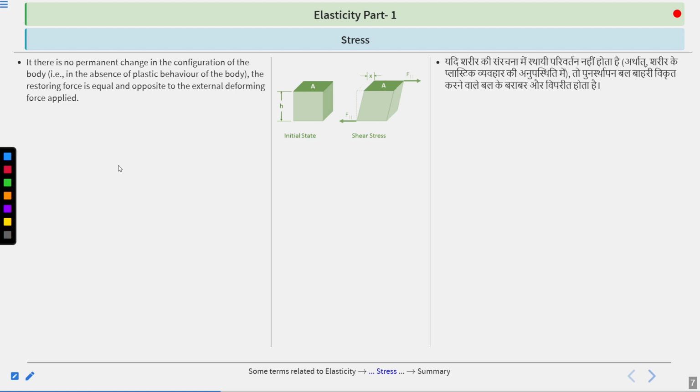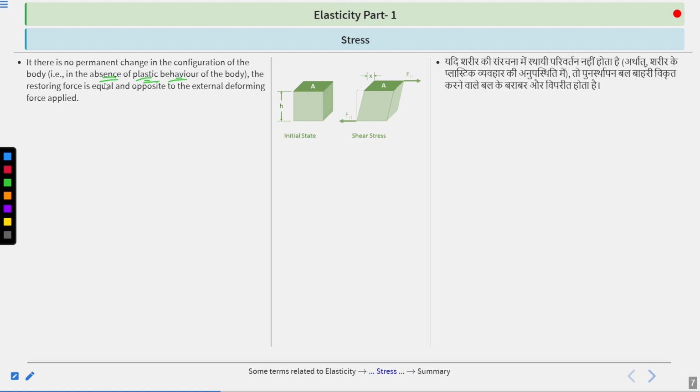Okay, because the change created by the deforming force is now of a permanent nature. But if it is not permanent, it is a temporary or short change, then it will be elastic behavior. If it is a permanent change, that will be plastic behavior. So when we say there is no permanent change in the configuration of the body, we are taking it into consideration as the absence of plastic behavior of the body.